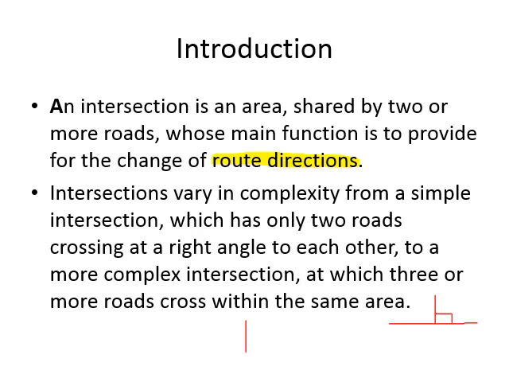But if you have an intersection like this, you can see the roads are not crossing at 90, so this makes it more complicated. And if I increase the number of roads which are crossing at this intersection like this, with each direction or with each side added to the intersection, it increases the complexity of the intersection.